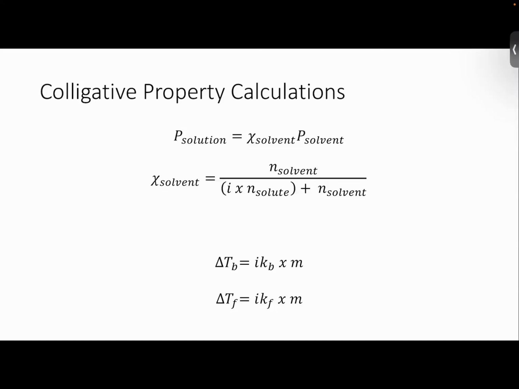The equations are essentially the same as for the non-electrolyte, but the Van Hoff factor specifically impacts the solute. So when we're talking about the vapor pressure of a solution and we're developing the mole fraction of our solvent, we have to take into account the Van Hoff factor when we're determining the moles of solute.